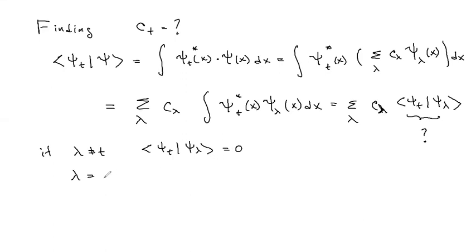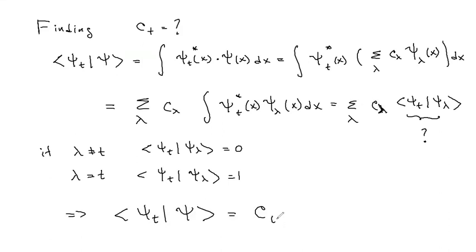If you have the same value, then the dot product would be 1. So from all this summation, only one term will survive when lambda is equal t. So the conclusion would be that psi t dot product with my vector psi will be equal coefficient t.